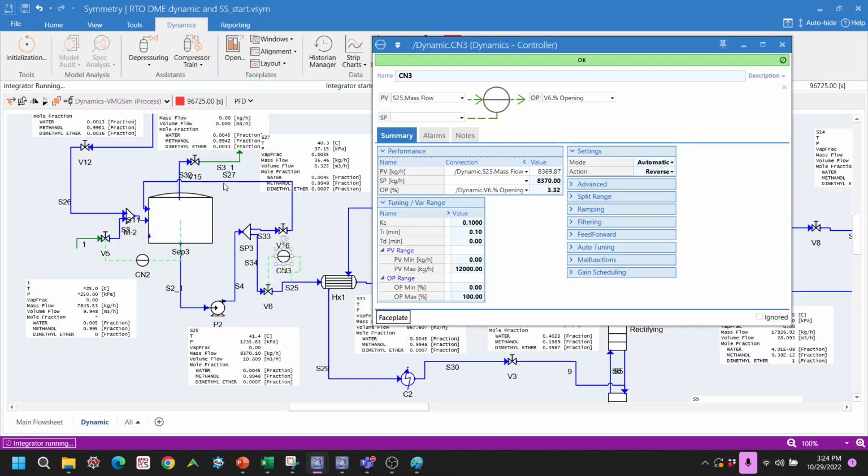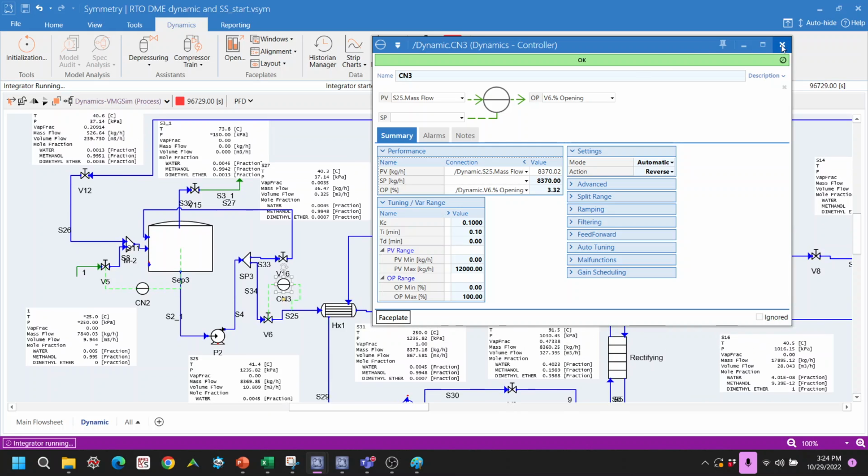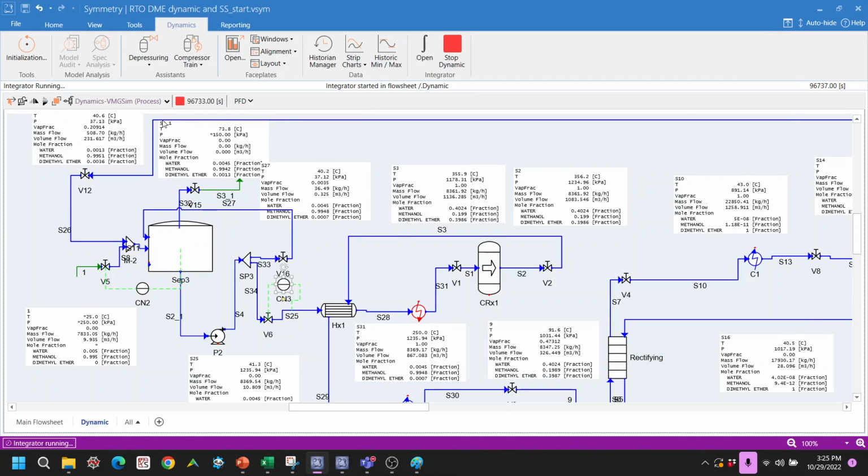In this case, we have a recycle of the methanol, so it can create disturbance in this tank, right? The level can go up and down depending on how much methanol you recycle, and this controller tries to dampen that going up and down of the level by adding more fresh methanol in here.